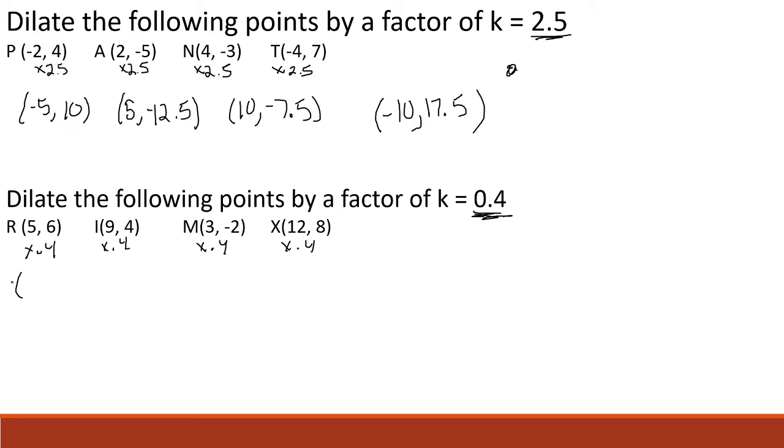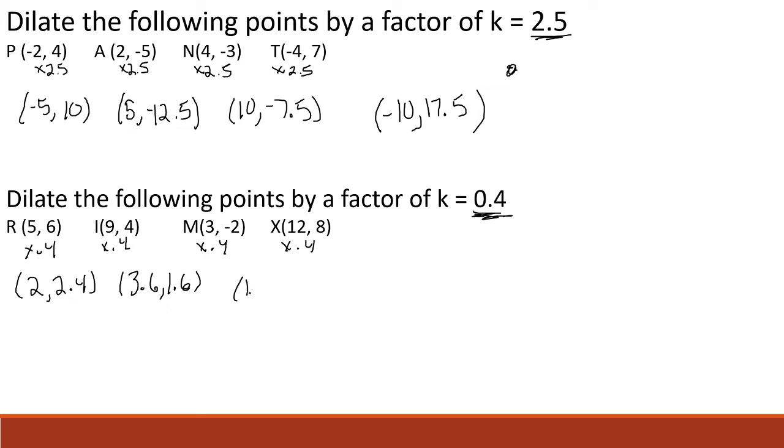So 5 times 0.4 is going to give me 2. 6 times 0.4 is going to give me 2.4. 9 times 0.4 is going to give me 3.6. And then 4 times 0.4 is going to give me 1.6.